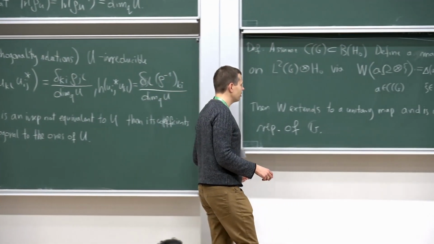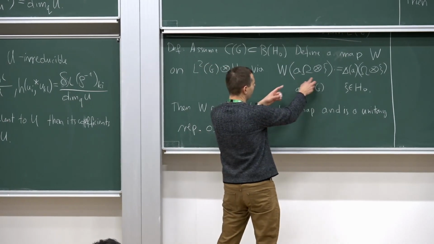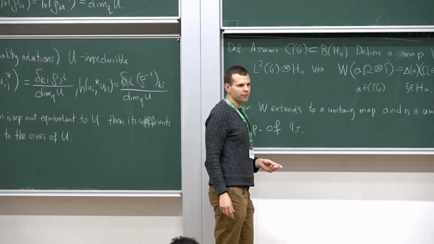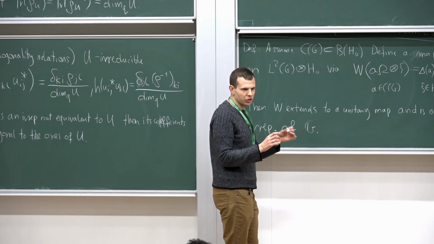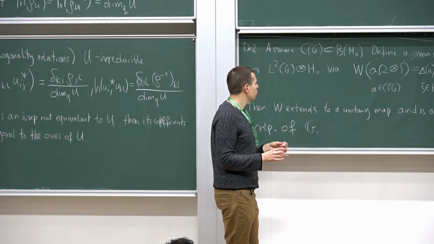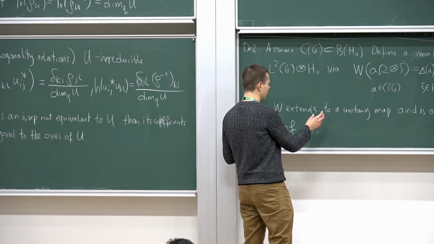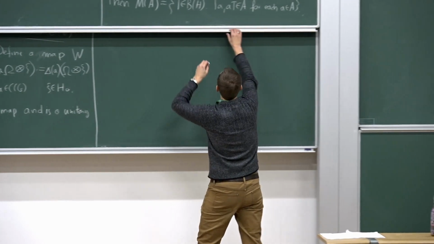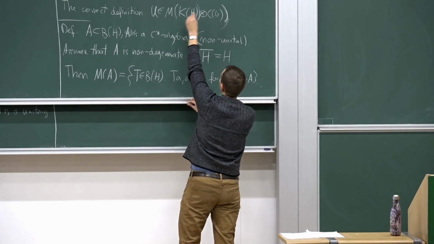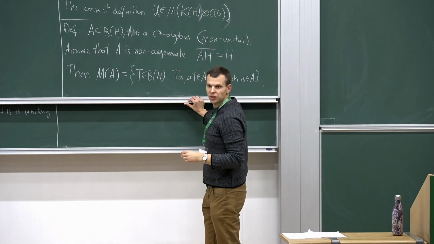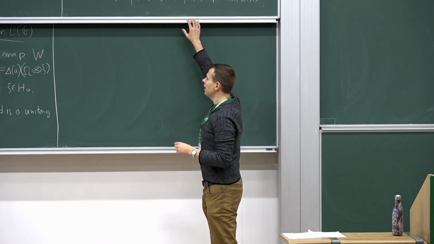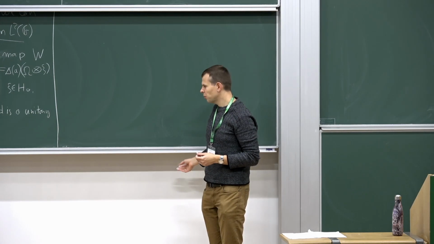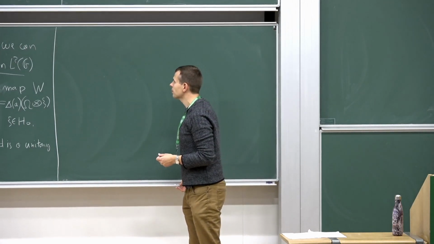So first of all, we have an operator defined on the dense subspace of L2 of G tensor H naught. We want to show that it extends, and it's actually a unitary map. To show that it's a unitary representation means two things: it has to belong to the Hopf algebra, and it has to satisfy the property of the representation, so it has to interact nicely with the coproduct.